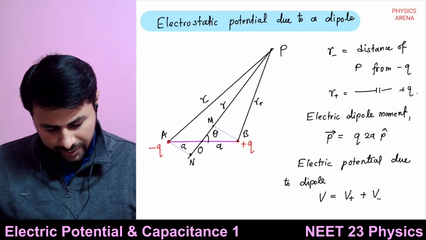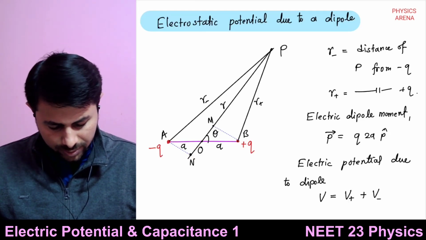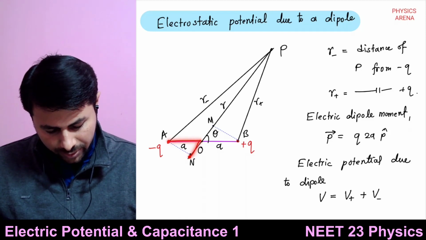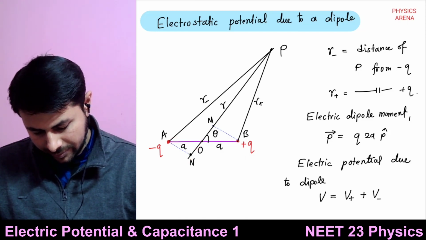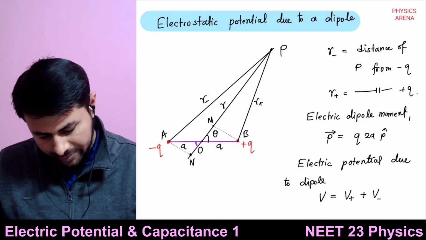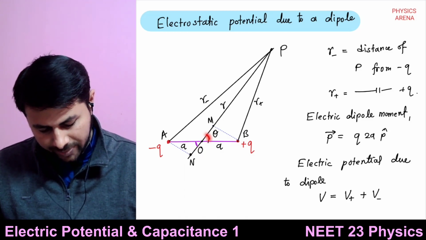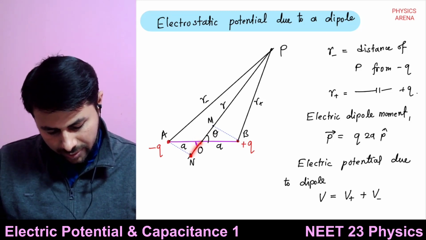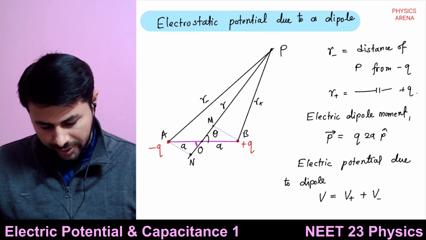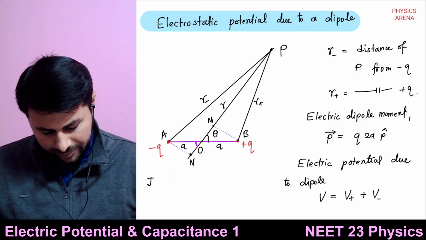If you see this triangle, it is AON. In this triangle AON, this angle would be theta because it is the vertically opposite angle of this angle. So what is distance ON?